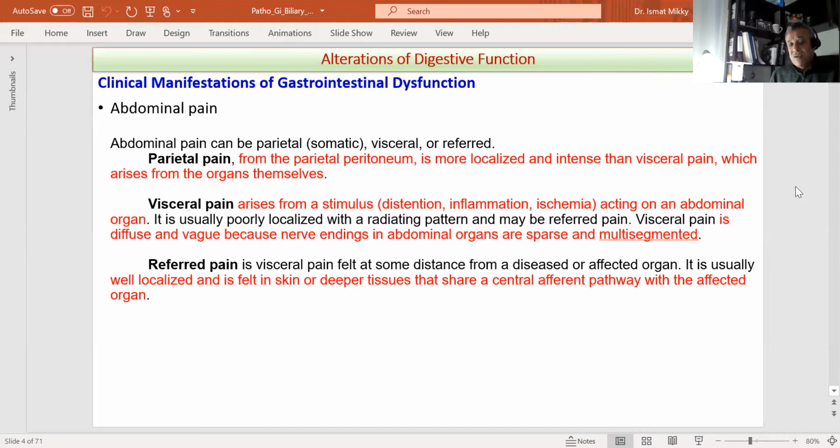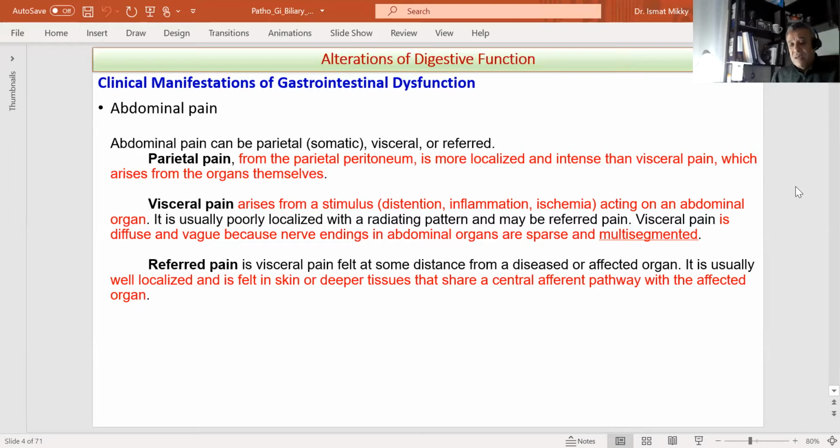Visceral pain arises from distension, inflammation, or ischemia. Pain arising from the stomach, for example, is experienced as a sensation of fullness, cramping, or discomfort in the mid-epigastric area.